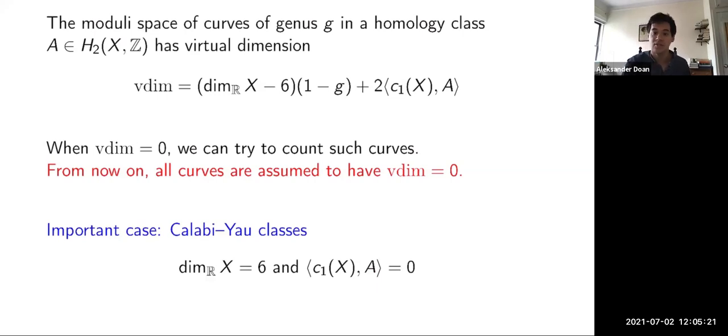And that's something special for dimension 6. Homology classes which satisfy this condition we call Calabi-Yau classes. Of course, if c1 of X is identically 0, if you have a Calabi-Yau manifold, then all homology classes satisfy this condition.